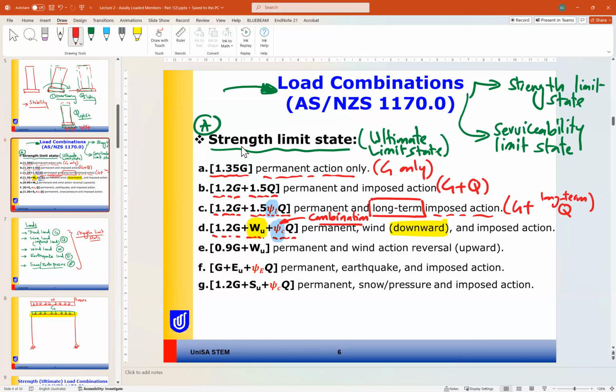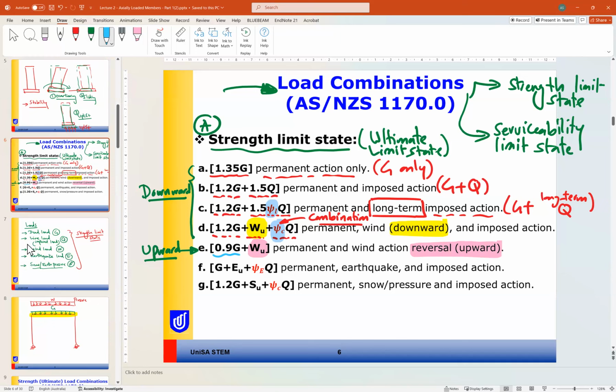So the next combination is for upward loading or upward wind. So all those are for downward loads and number E for upward loads. So here in this formula, our wind load is upward, or wind reversal. In this case, because the wind is going up, we need to consider less value of dead load for the critical case.